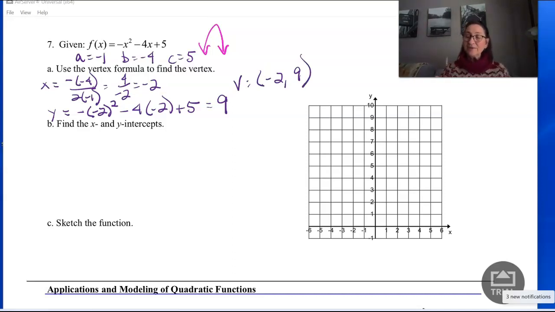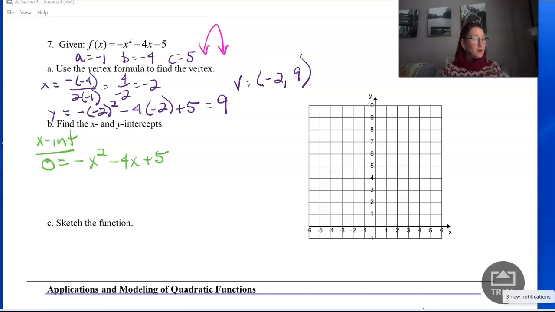My x-intercept, okay, I'm going to set my original quadratic equal to 0. So that's going to be 0 equals negative x squared minus 4x plus 5.